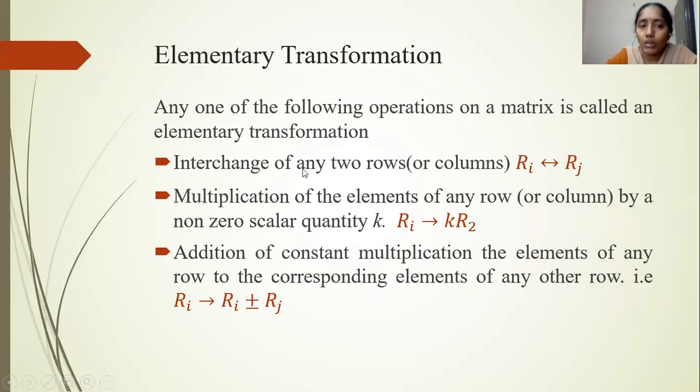The first point is interchange of any two rows or columns. The second is multiplication of the elements of any row or column by a non-zero scalar quantity k. The last one is addition of a constant multiple of the elements of any row to the corresponding elements of any other row.